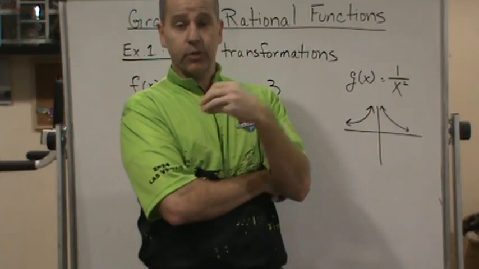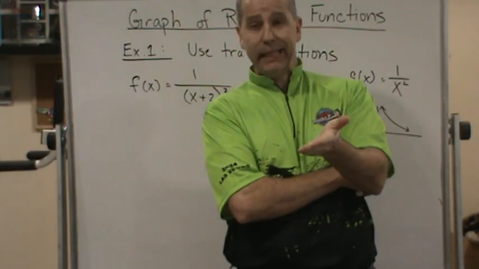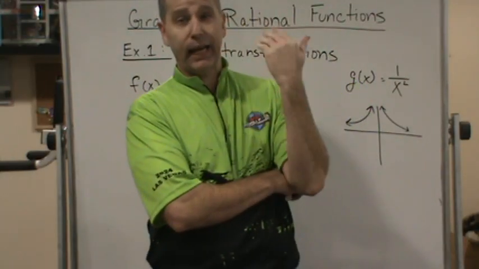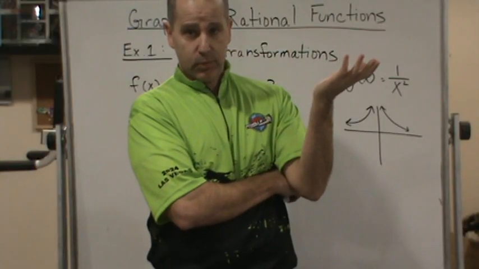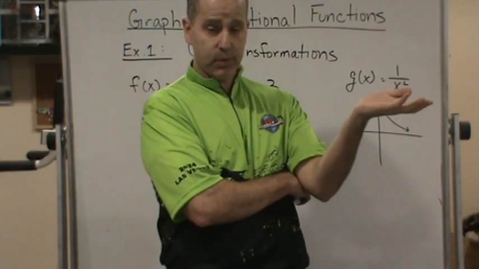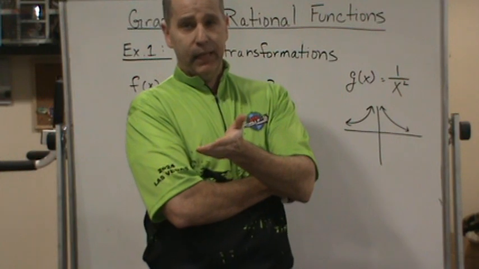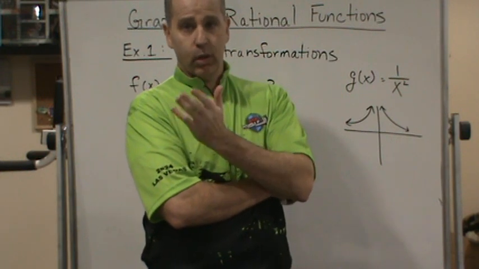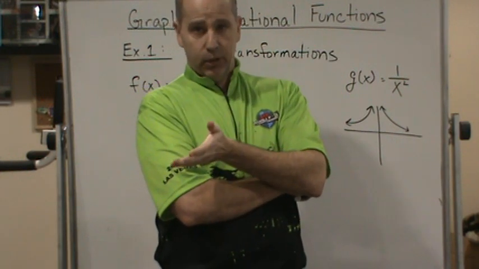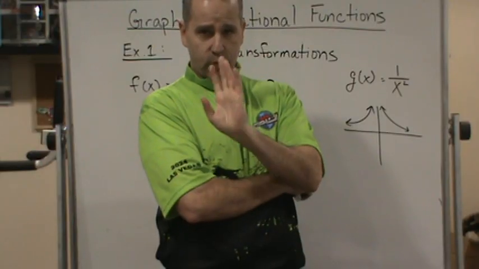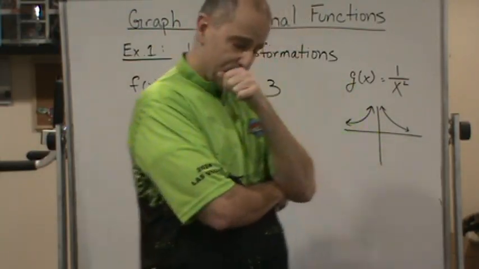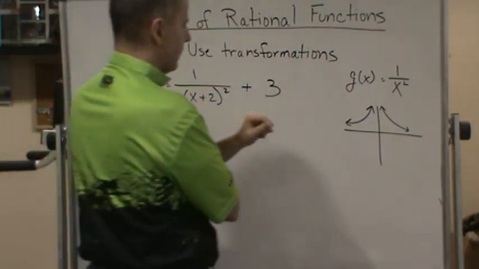You're either going to have one or the other. So if you have an oblique asymptote, then you're not going to have a horizontal asymptote. Or if you have a horizontal asymptote, then you're not going to have either a slant or nonlinear asymptote. Okay, so again, keep that in mind too. But let's go back to this example.